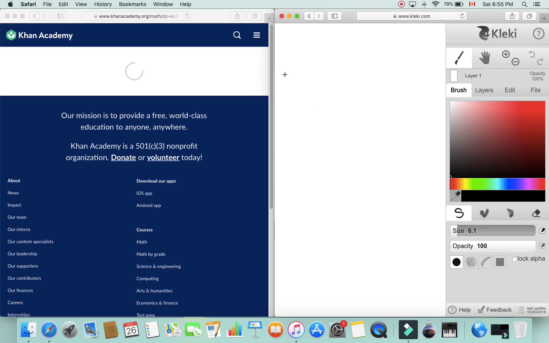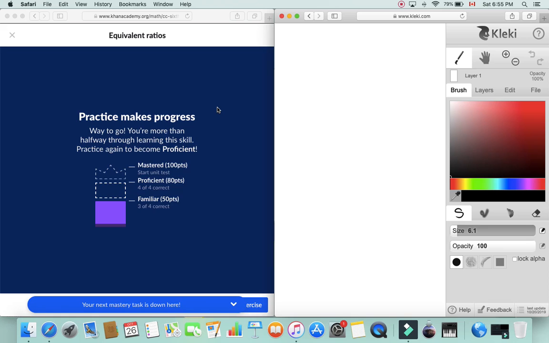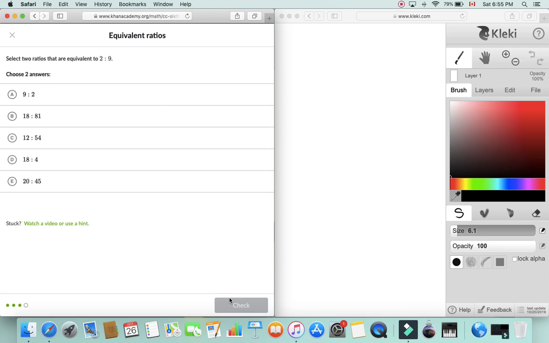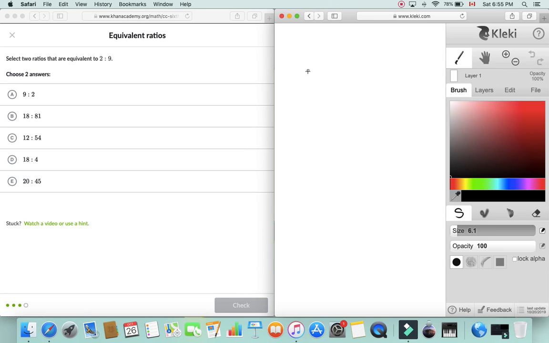So we have 2 to 9. You can't make it any smaller. You see? So let's go down the list. 4 to 18. 6 to 27.